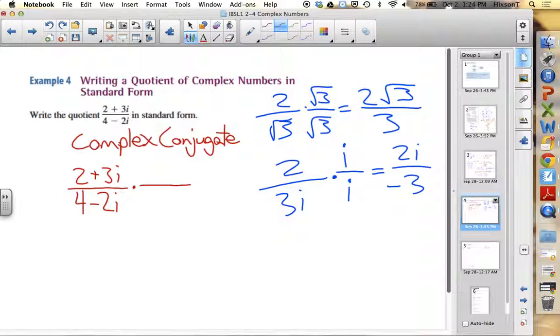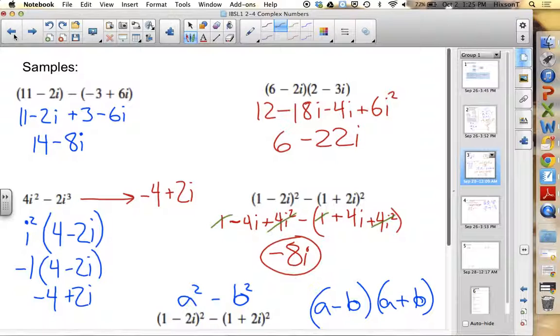Okay, you're right. The whole point of using the complex conjugate is that when you FOIL it together, the outer and inner terms in your FOILing will cancel out. And that's the term that you're going to get the i's from when you multiply. If you remember back here, the i's came from when we multiplied the outers and the inners.